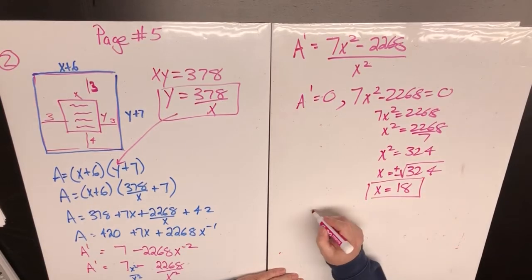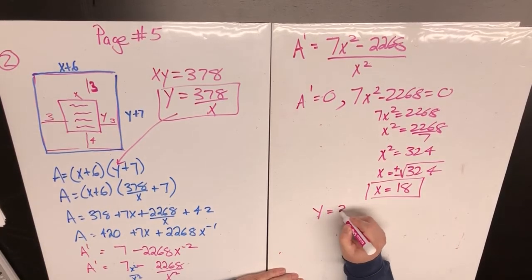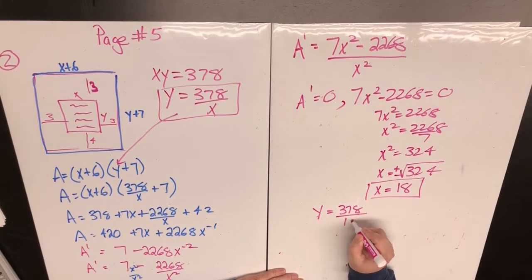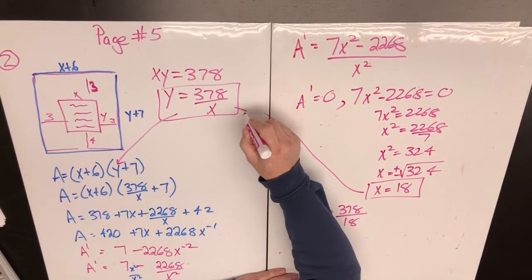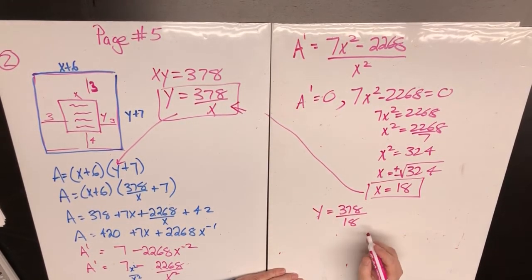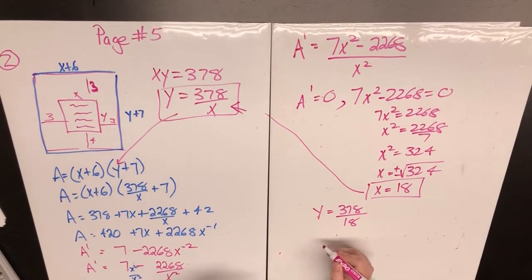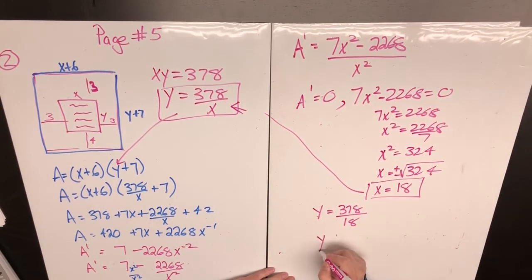And if x is 18, y equals 378 divided by 18. I'm just substituting that up in here to figure out the dimension y. And 378 divided by 18 gives you 21.